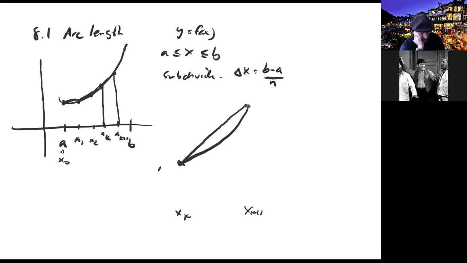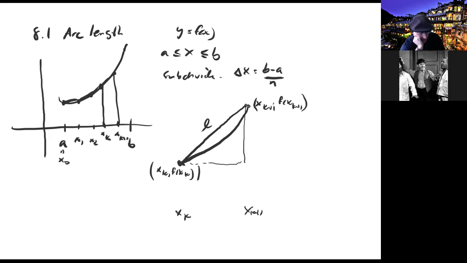Well, this point here is xk, f of xk. And this point here is xk plus 1, f of xk plus 1. So let's call this distance here L, and I want to compute L, this straight line distance. So how do I do that?